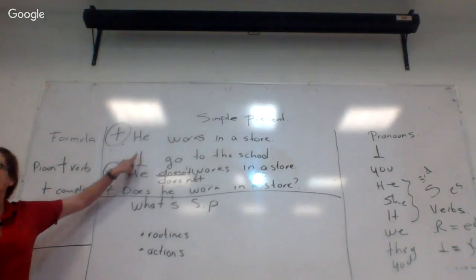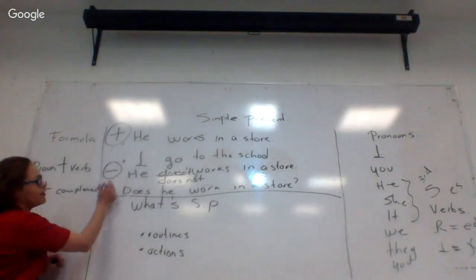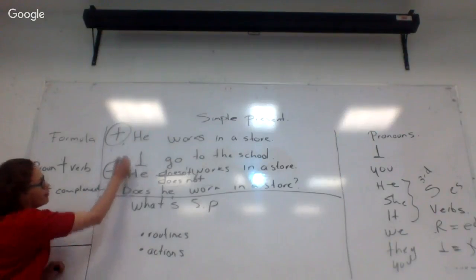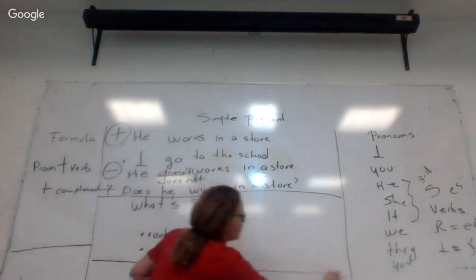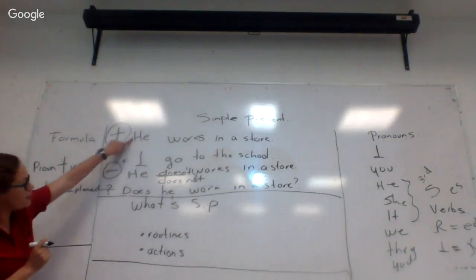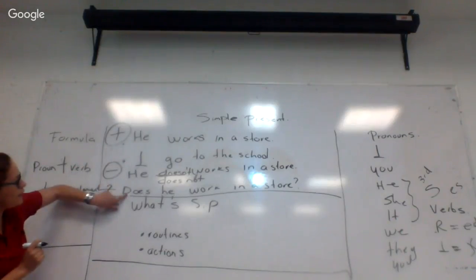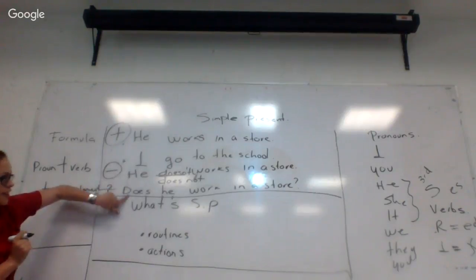How can you write this one in negative? Let's do it right here, okay? So right here is positive. This one is negative, and this one is interrogative.